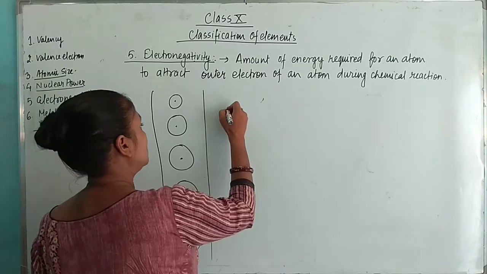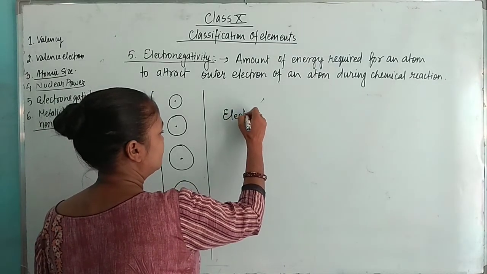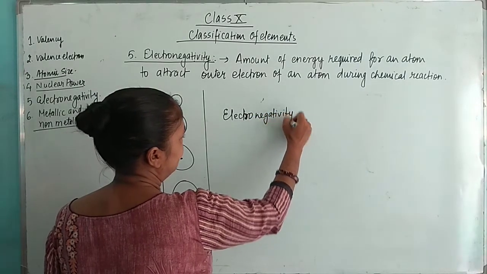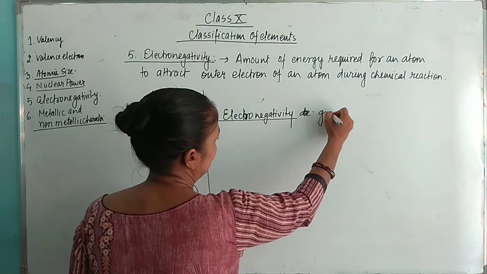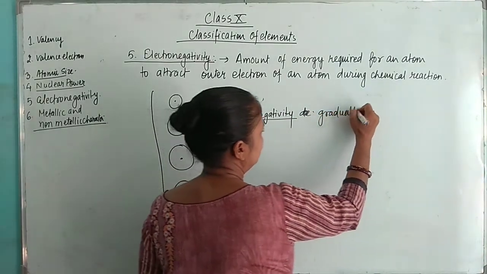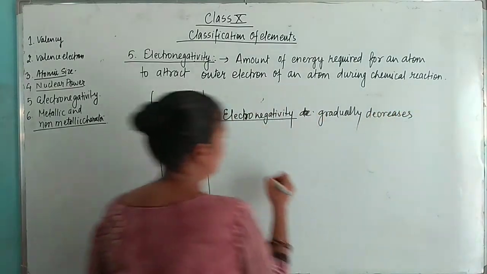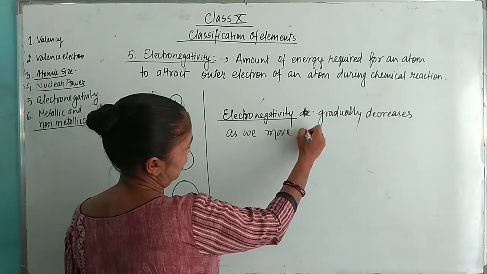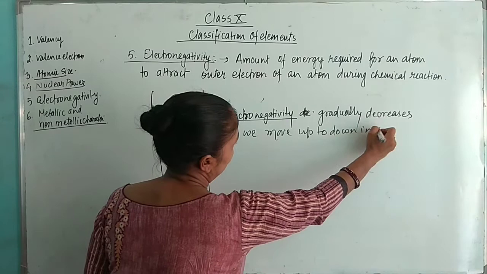So we can say that electronegativity gradually decreases as we move up to down in a group.